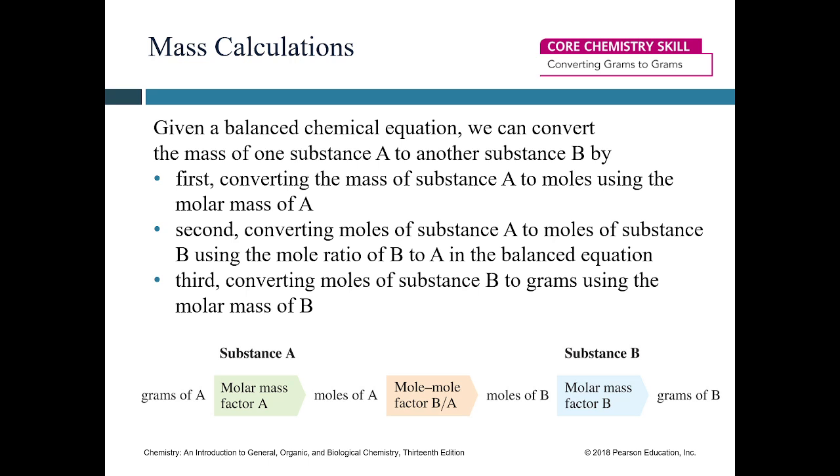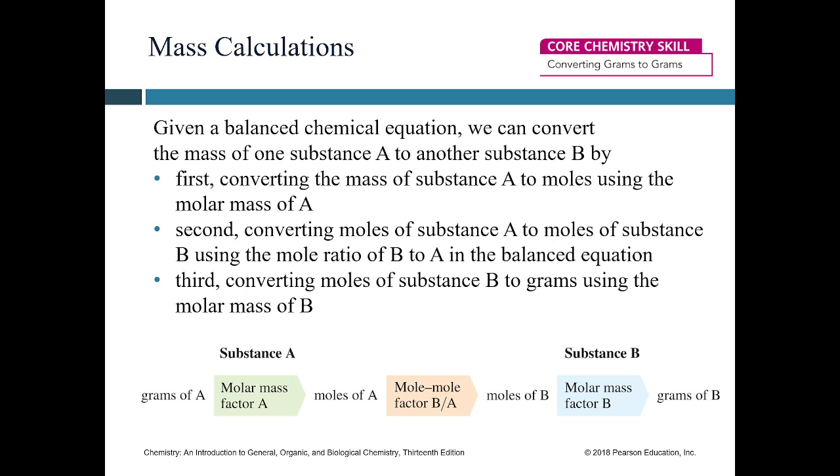Okay, so we're going to go ahead and talk about mass calculations now. Given a balanced chemical equation, we can convert the mass of one substance, A, to a substance B. First, we convert the mass of substance A to moles using the molar mass of that first substance. Once we're in moles, we can take those mole ratios and get the moles of any other component of that equation.